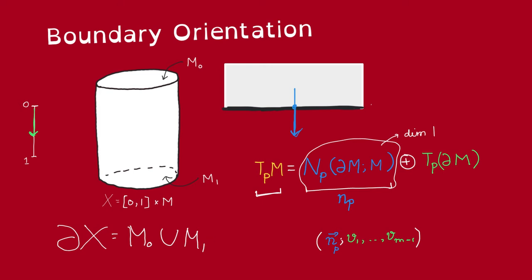So let's see why. Let's first take a point p on M0 and we'll try to figure out the boundary orientation at p. We'll do so using this definition. Thus, the first step is to take an outward pointing normal vector at p. Next, to figure out this boundary orientation, we need to know the orientation on X. And recall that the orientation on X is the product orientation.